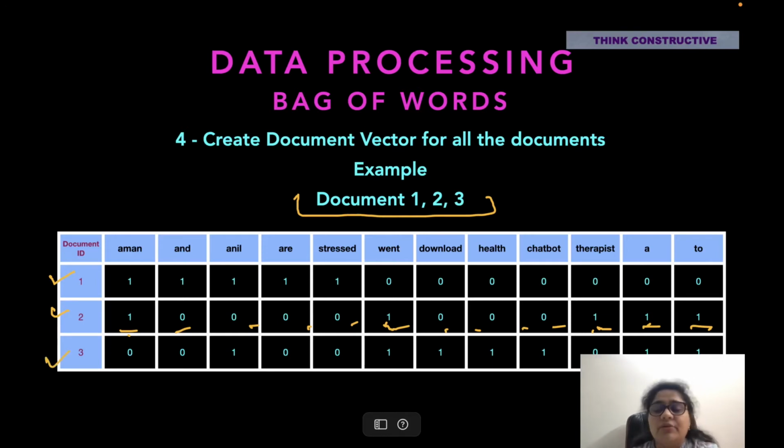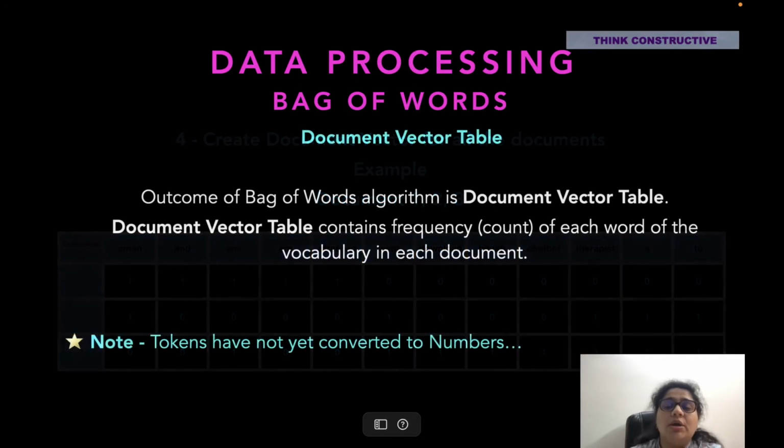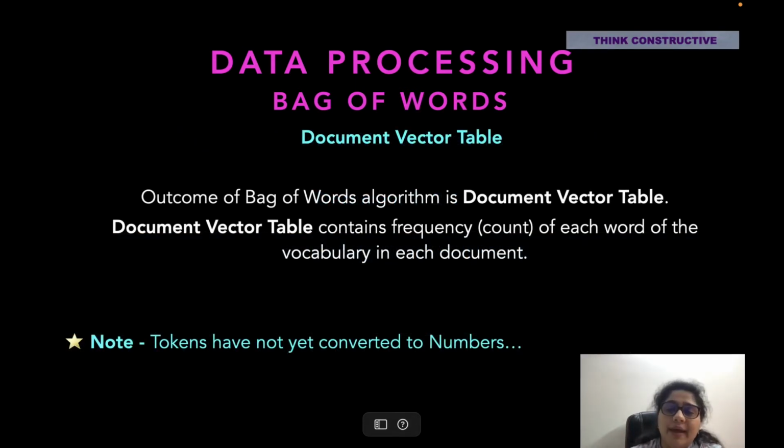Similarly for document 3. Okay. So this complete thing is now called the document vector table. And this is the outcome of my bag of words algorithm, which is called the document vector table.